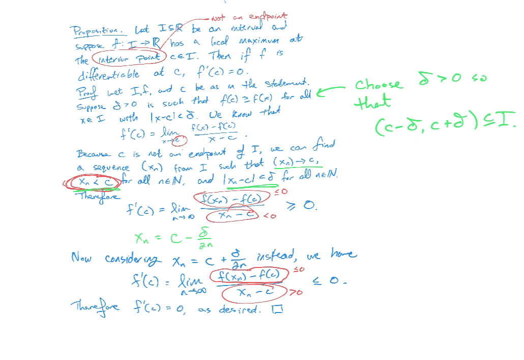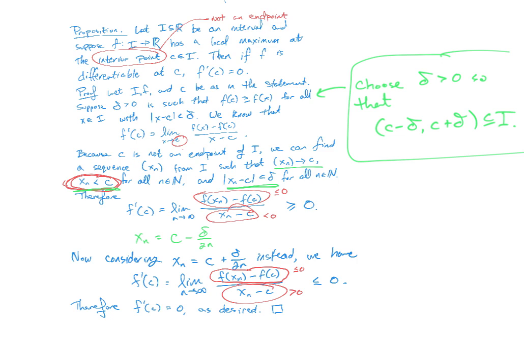And we're guaranteed that we can pick a delta because it is an interval and C is a cluster point. The reason we can do this thing I wanted to go back in time and do is because it's an interval and C is not an endpoint. If C were an endpoint, we couldn't do that. Okay?